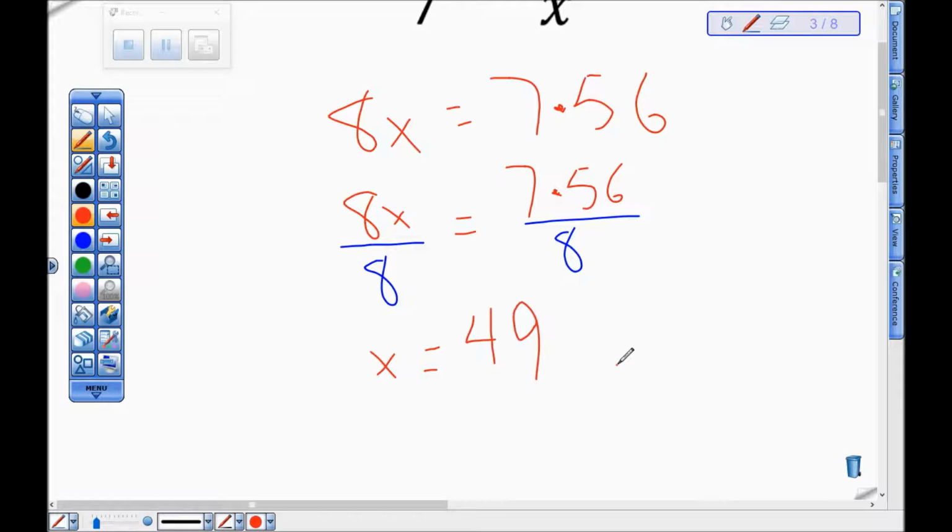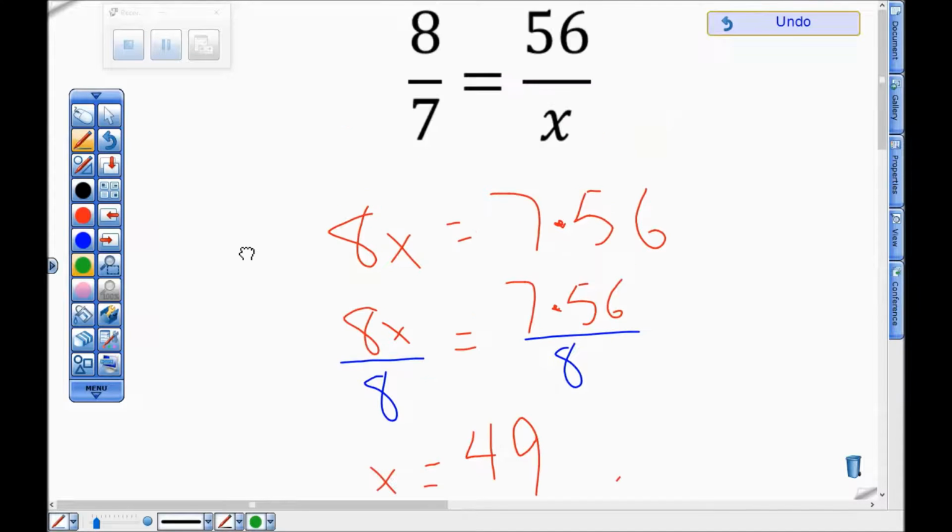Again, I can take out my calculator, take 7 times 56 and get whatever gross number that is, divide that by 8, and I'll get 49. Or I can recognize that I can reduce or cancel these before I multiply. You may have looked at this equation and said, that's got to be 49, because when I take this times 7, I get 56.